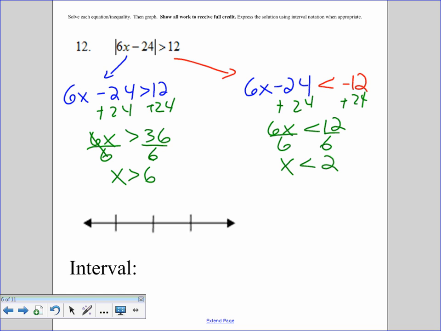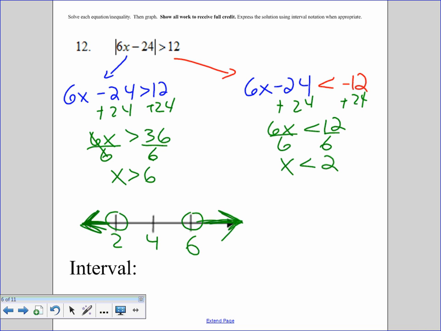So 2, 4, 6. Oh, by the way, on the test, please don't go 6, 4, 2. That's not how number lines go. 2, 4, 6. Open circle at 6, shading up. Open circle at 2, shading down.